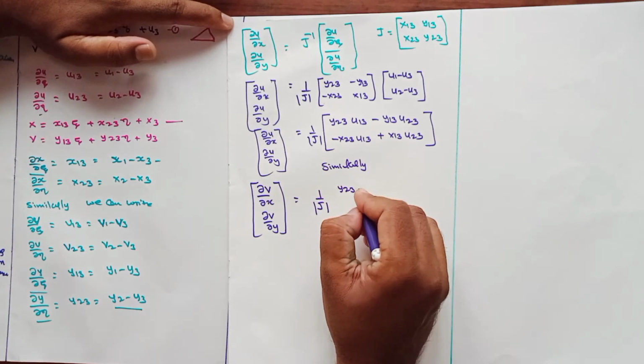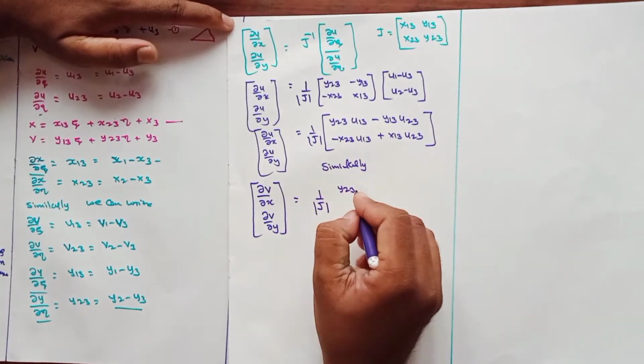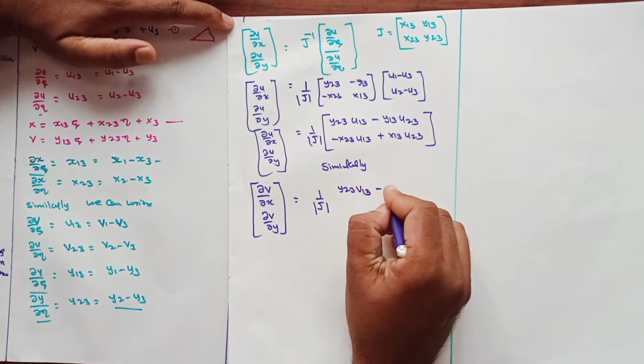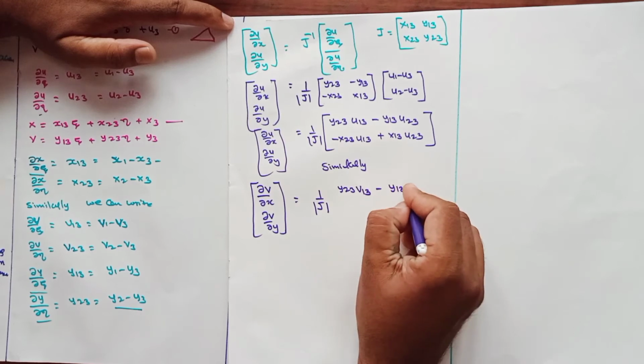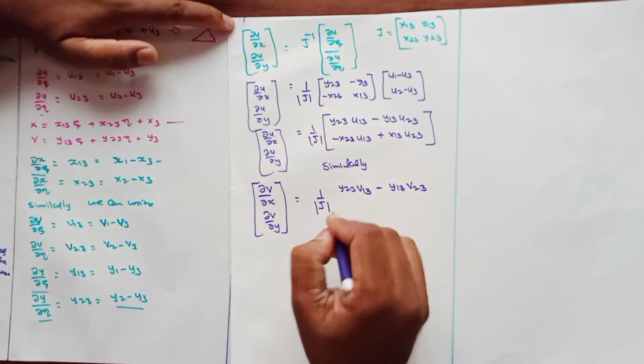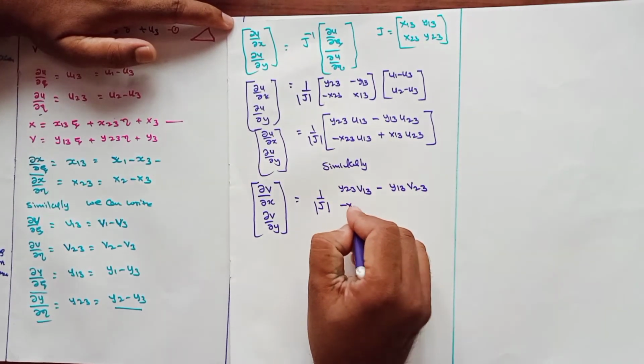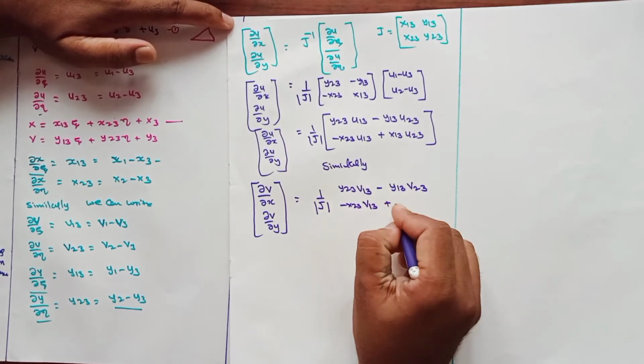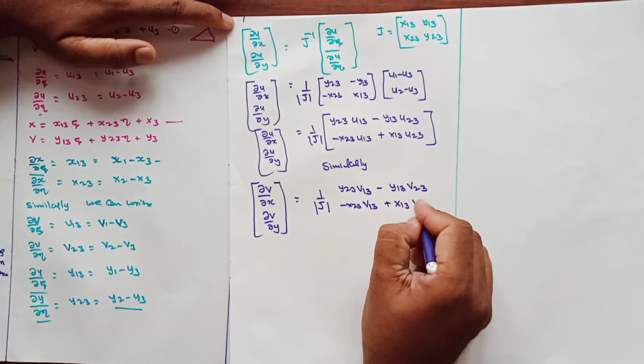Wherever u is there you have to replace it with v. That is the only thing. So it is equal to v13 minus y13 into v23, and the next element would be minus x23 into v13 plus x13 into v23.